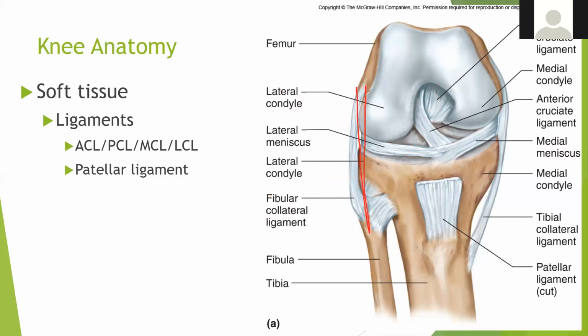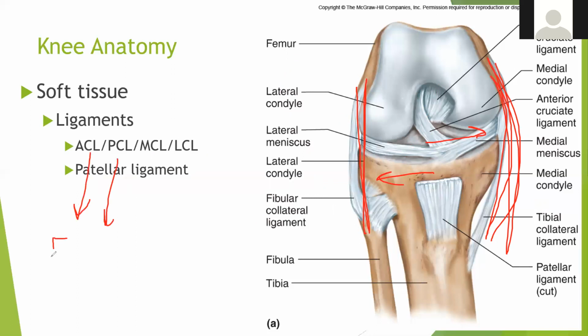Because these connect on your sides, they prevent your knee from moving or sliding left and right. So ACL, PCL, forward and backward, MCL, LCL, side to side.